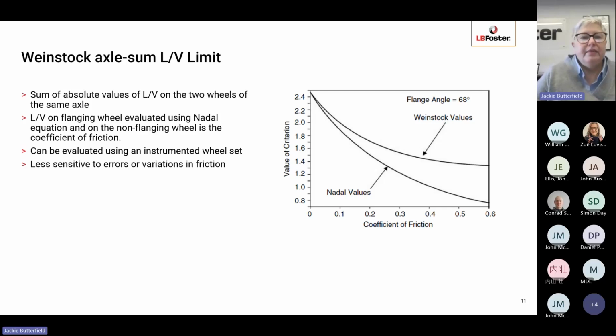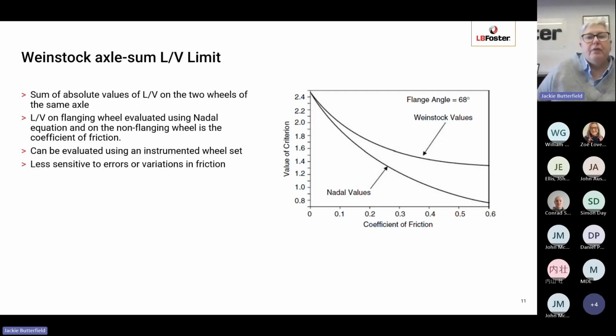This Weinstock value can actually be evaluated practically using an instrumented wheel set that can measure the L/V on both wheels. So then the sum of those gives you the Weinstock limit. The criteria is seen as being more accurate and less sensitive to errors or variations in the coefficient of friction.